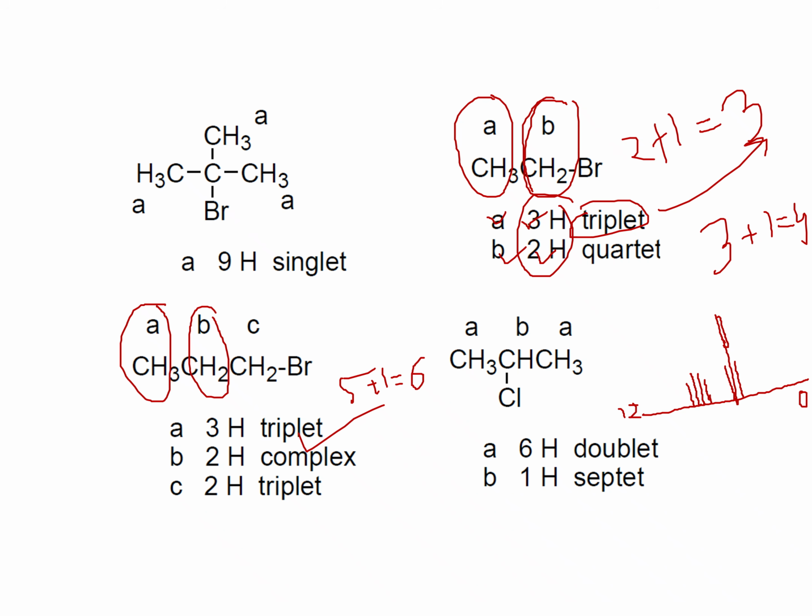Okay, so this is very complex. But think about C. What would be the splitting based on its nearby carbon's hydrogen? That is 2 plus 1 is equal to 3, triplet. So you can easily understand now how singlet, doublet, triplet, quartet, quintet or 6-let is performed.